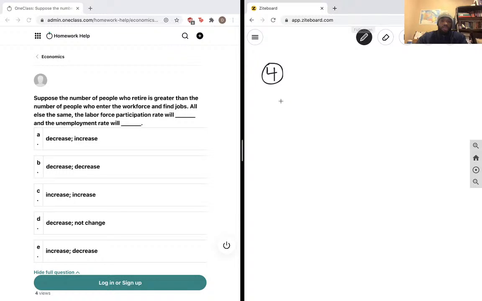So, first things first, let's define labor force participation rate. So, say labor force is equal to the total employed and unemployed.